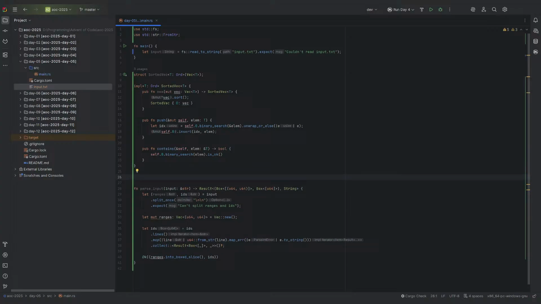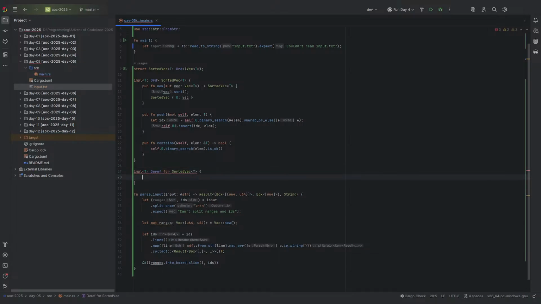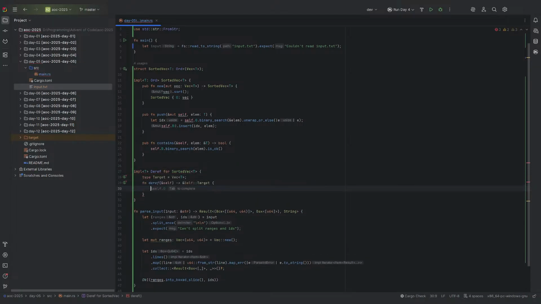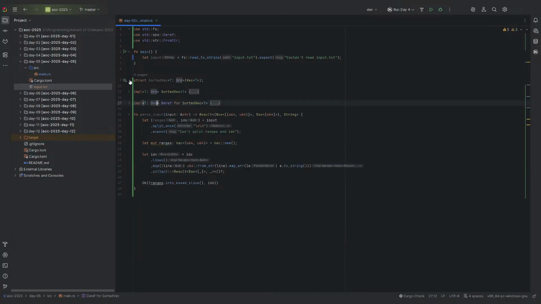And just for convenience, have Deref implemented for convenience's sake.